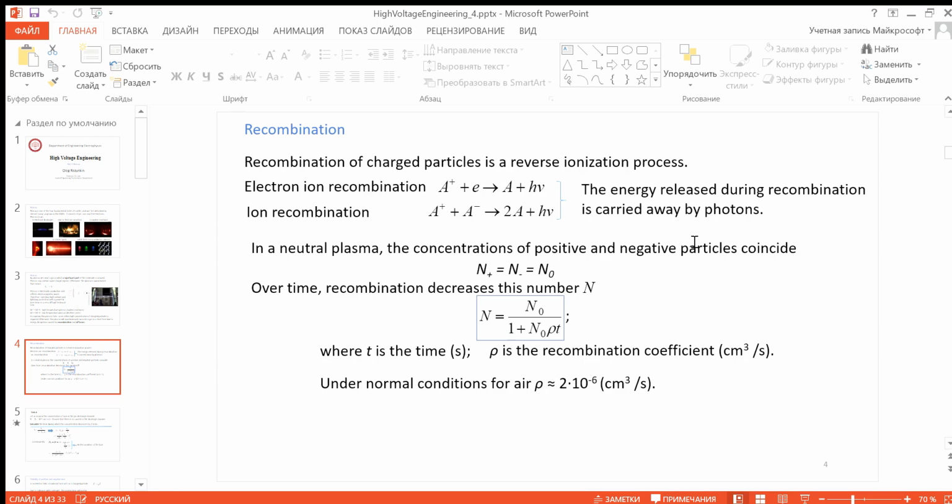In natural plasma, the concentrations of positive and negative particles coincide. You may see n plus and n minus, we will mark this concentration, and it is equal to n0. Otherwise, over time recombination decreases this number n. You may see this formula. Please write it down if you have your notebooks.